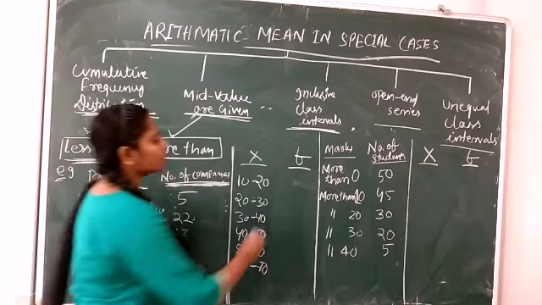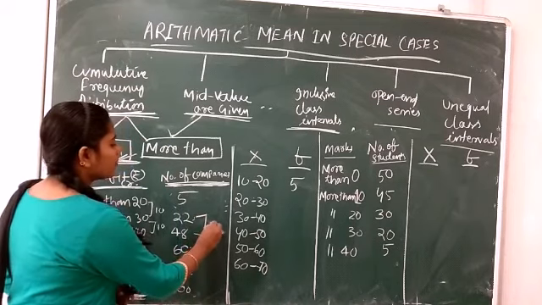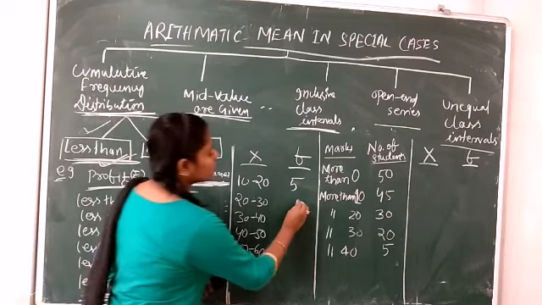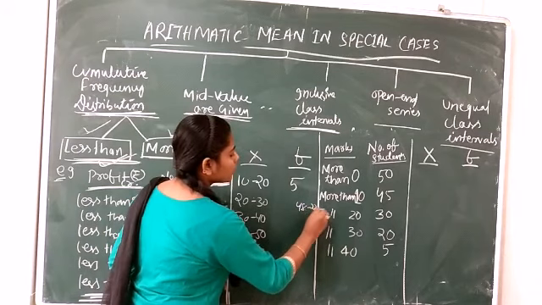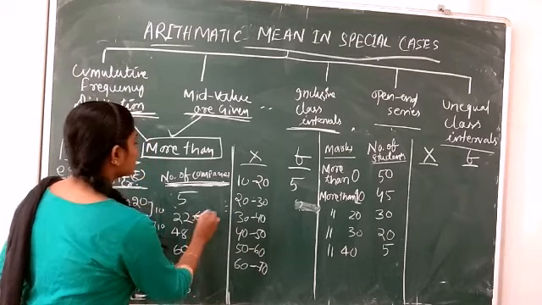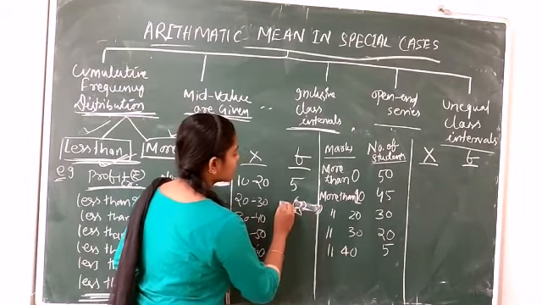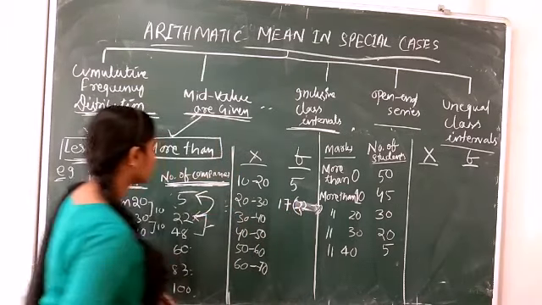Now we arrange the frequency. So here the first frequency will be 5. The next frequency is 22 minus 5, that is 17.